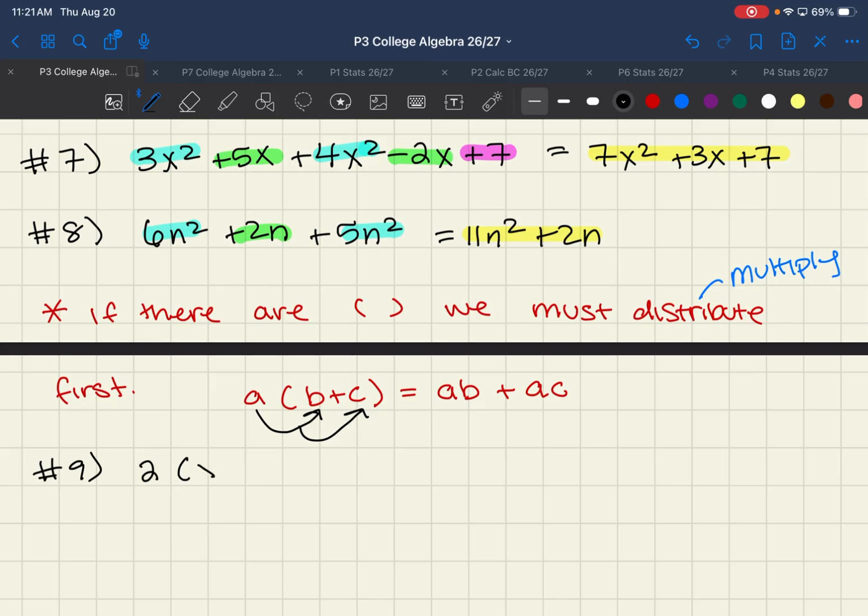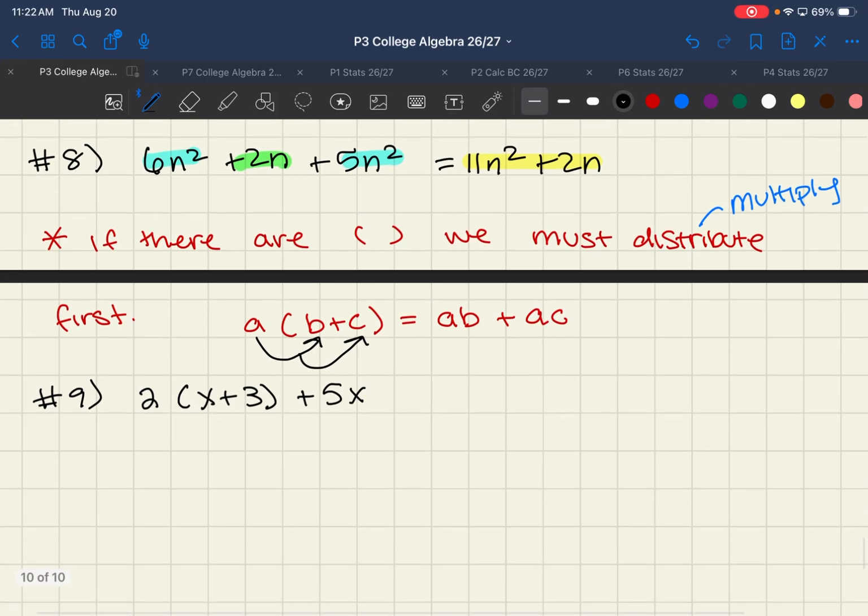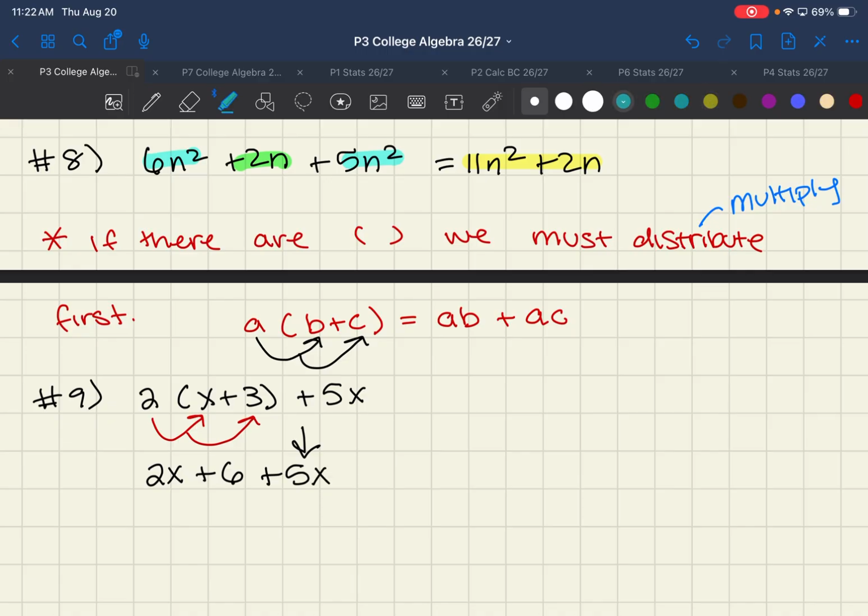Okay, go ahead and try this one. We have 4 parentheses a plus 2 plus 3a. Okay, so you first should have distributed the 4.